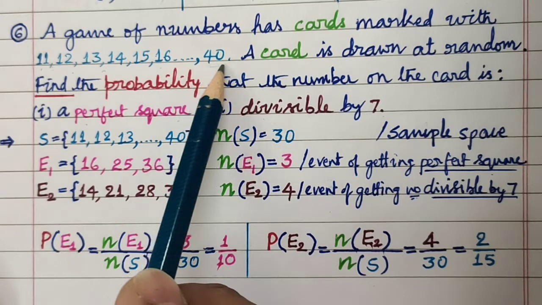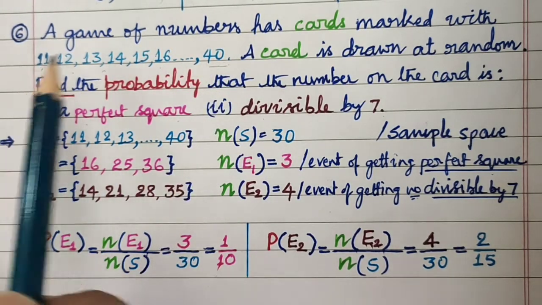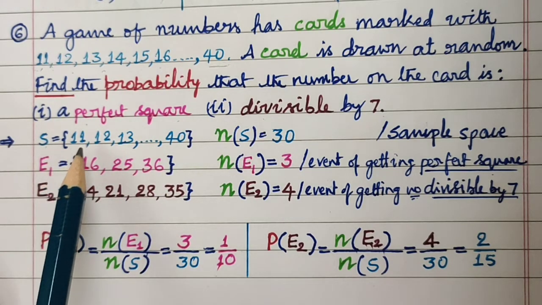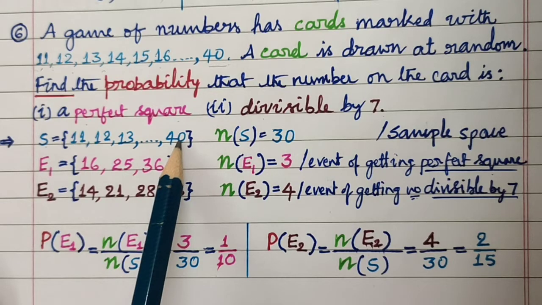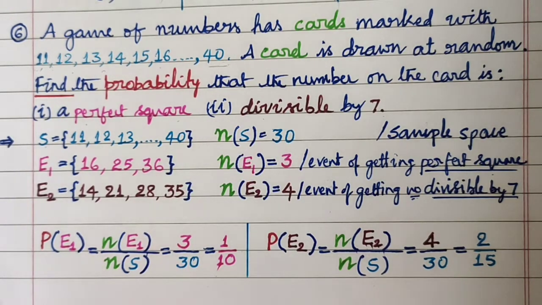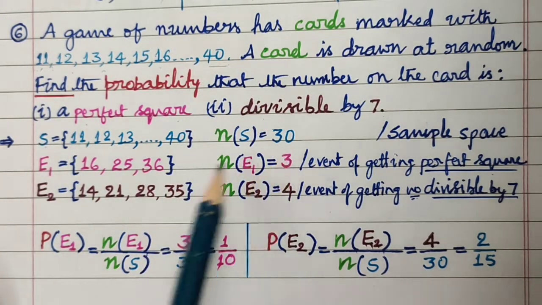You should not get confused with the 40. There are not 40 numbers here from 11 to 40. So the sample space S from 11 to 40 is 30. The total number of possible outcomes is only 30, not 40, that is 40 minus 10, which is 30.